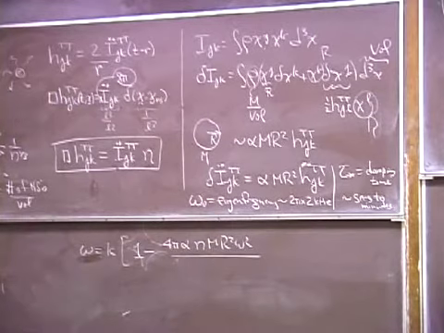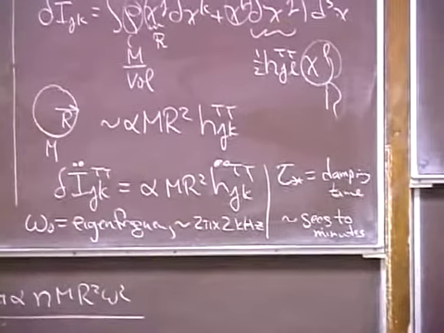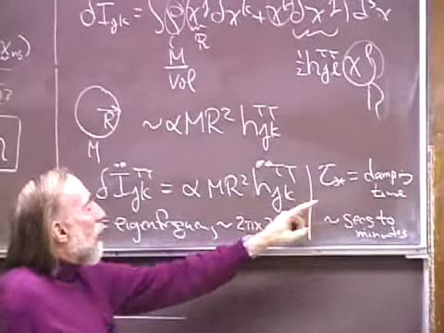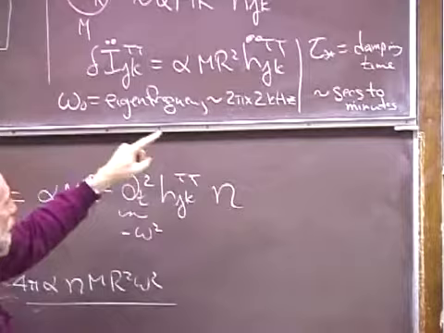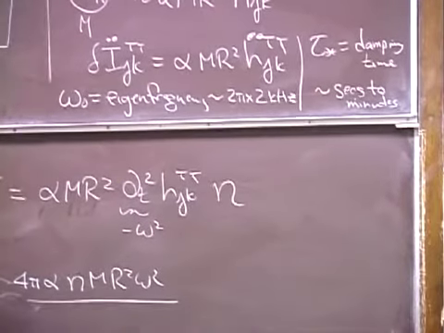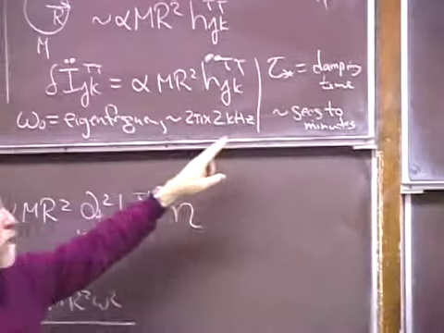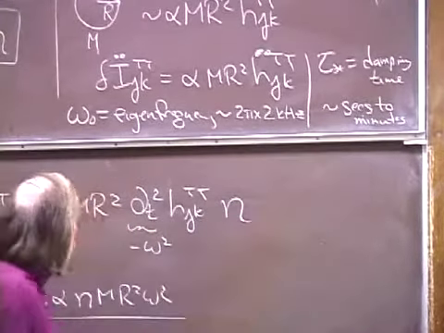So I'm just telling you, for mass quadrupolar oscillations, these damping times are seconds to minutes. So these oscillations have rather high quality factors. That is, they oscillate for a long time, but then die out due to internal dissipation, or due to re-radiating gravitational waves. That's another source of this tau star.